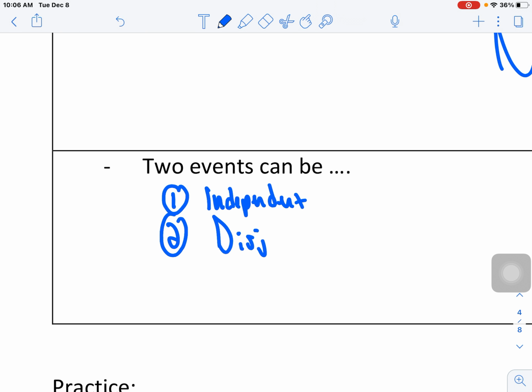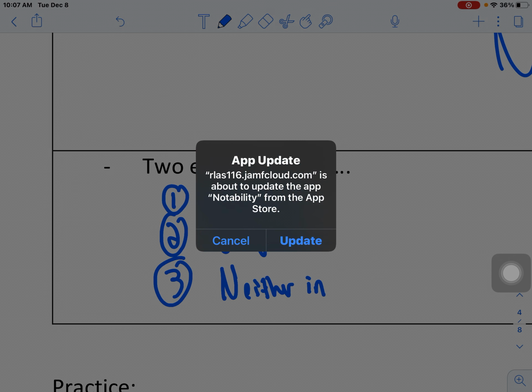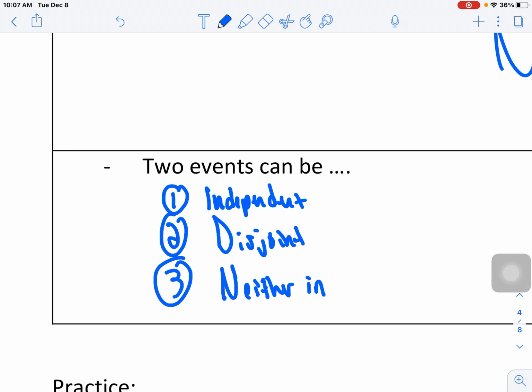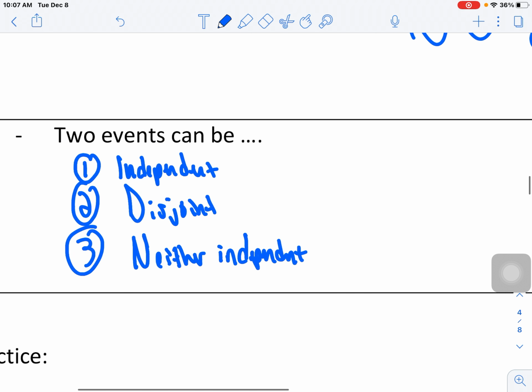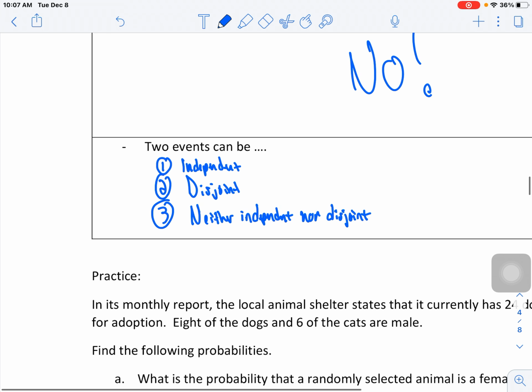Two, they can be disjoint. Or three, they can be neither independent nor disjoint. And we'll see examples of this later. Nothing too crazy there.